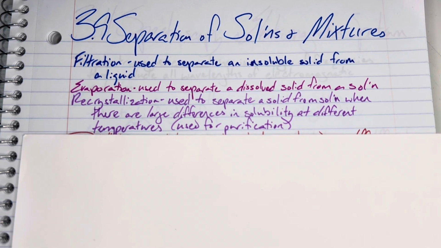So if we were trying to separate something that is mixed together, but we know that one of the solutes is pretty insoluble at room temperature, whereas the other one is very soluble at room temperature, we add some hot water to get both solutes to dissolve into the solvent, and then allow it to cool back down. The stuff that will recrystallize out will be that solute of interest, the one that has a lower solubility at that lower temperature.